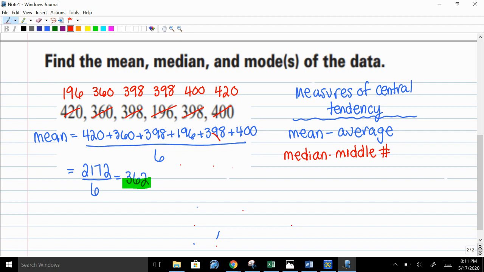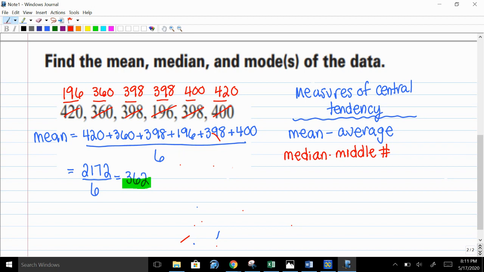Once they're in order, the median is going to be the one in the middle. Now, the next problem with this set of data is that there's an even number of pieces of data, which means there is no middle. If there was an odd number, it would be easy: there'd be one number in the middle.